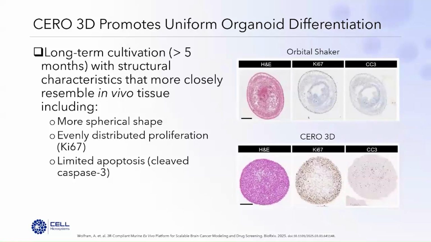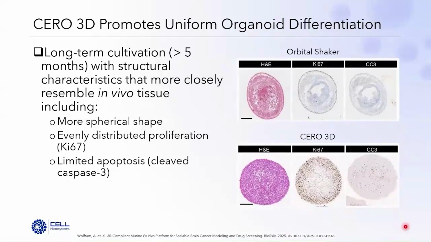Now, after developing those protocols, when they compared the differentiation across the two methods, being either the Zero or the orbital shaker, what they found is that in the Zero, they could culture the organoids for much longer, more than 5 months. In addition to that, the Zero-grown organoids had structural characteristics that more closely resembled the in vivo tissue.